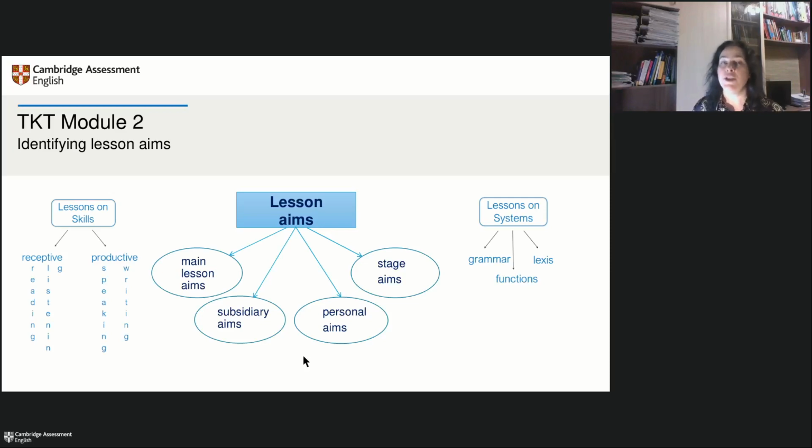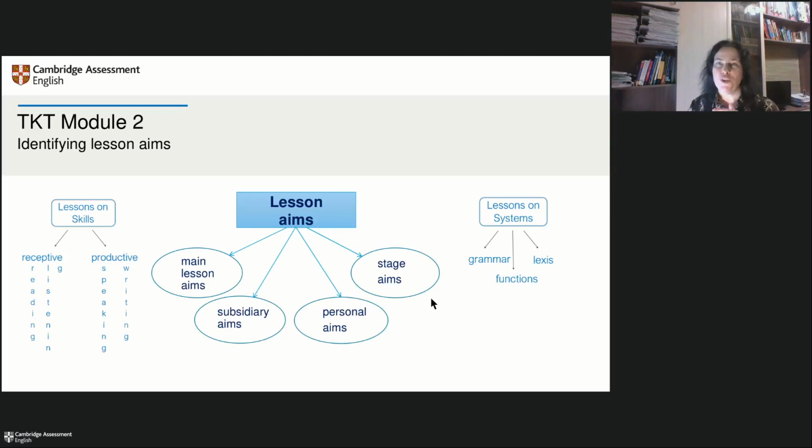And the stage aims are the aims of a particular stage. So at a certain point, stage of the lesson, you're working on, for example, functional language. So this is the stage aim, to help your students understand useful language. It will always reflect your sub-aims or lesson aims, main lesson aims.